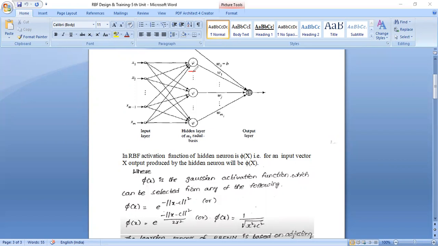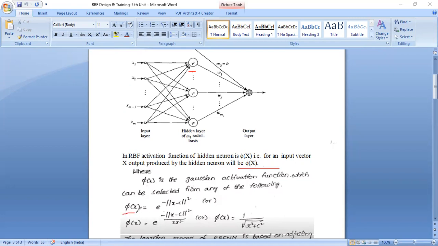At each unit of the hidden layer, the Gaussian function is calculated and represented as phi of x. The RBF activation function of a hidden neuron is phi of x. For an input vector x, the output produced by the hidden neuron will be phi of x.